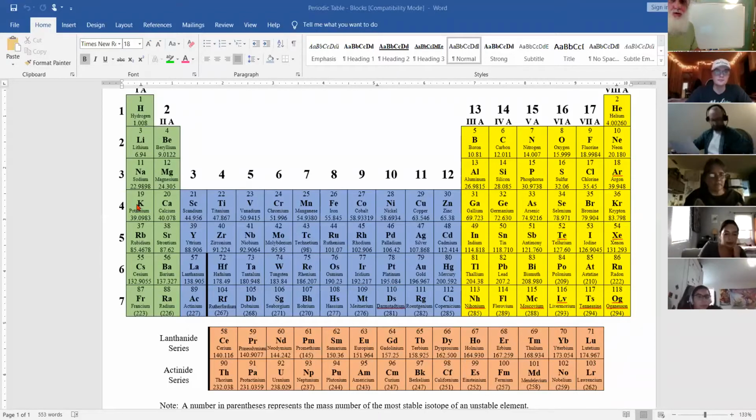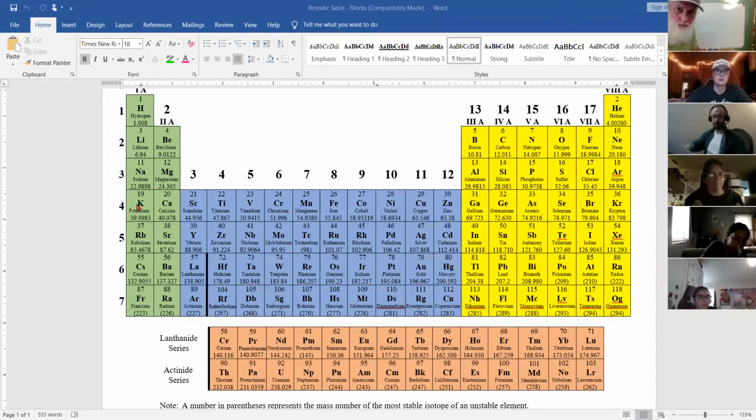How many protons does every potassium atom have? 19. If it's a neutral potassium atom, how many electrons does it have? 19. How many of those are valence electrons? 1.